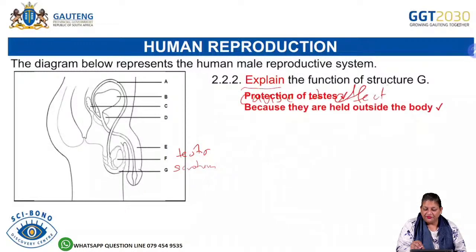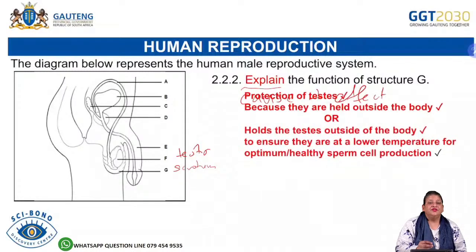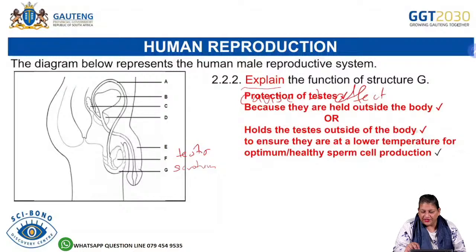So explain the function of G. Protection of the testes because they are held outside the body. Or you could say the scrotum protects the testes, or it holds the testes outside the body to ensure that they are at a lower temperature for optimum healthy sperm production.